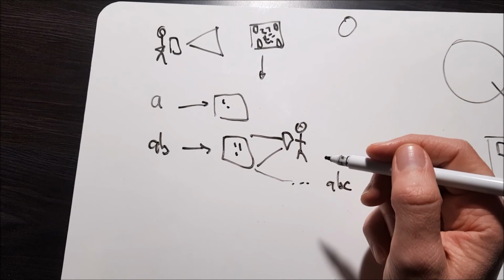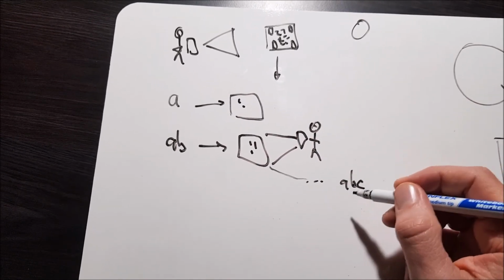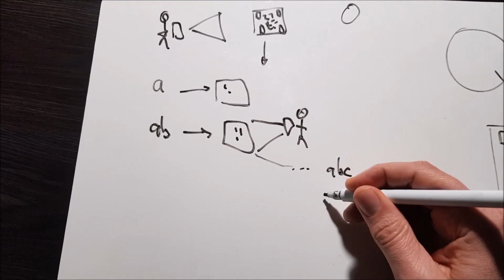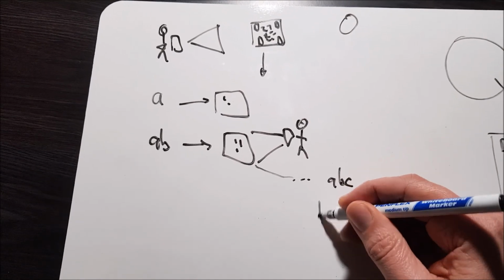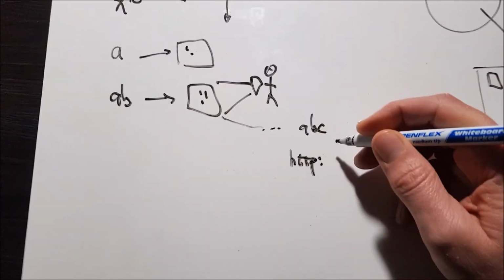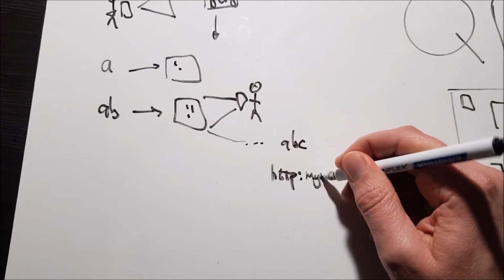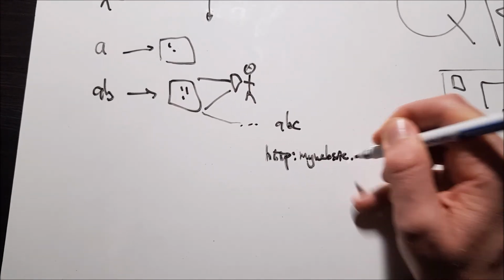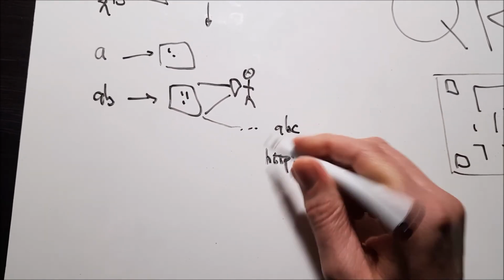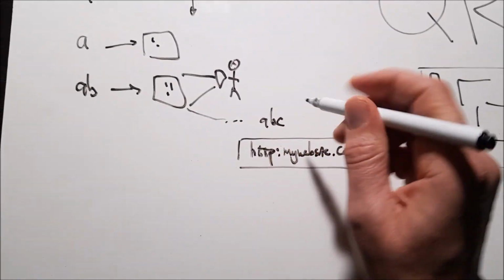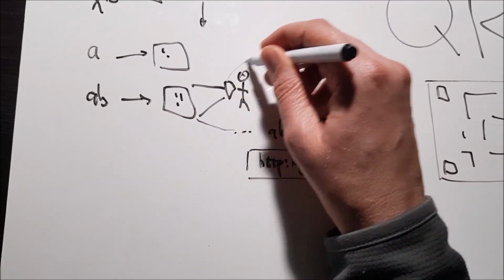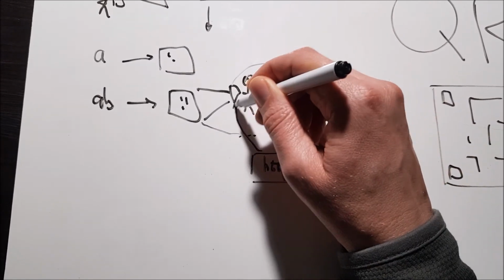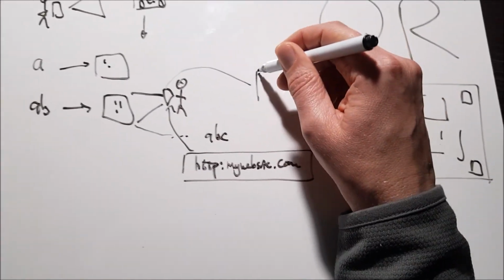Now, what you can do is, if these characters start with a website address like http://mywebsite.com, then not only would it scan those characters, but on the mobile device you use to scan it, it would actually open that website.